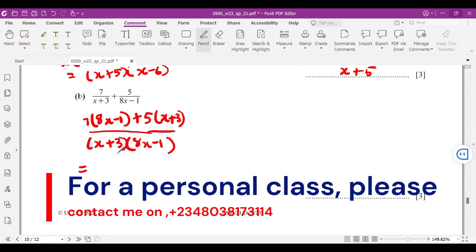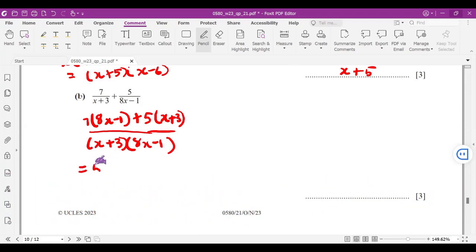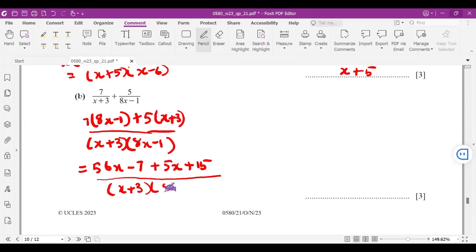So when we open this bracket, we have 56x minus 7 plus 5x plus 15 all over x plus 3, then 8x minus 1.